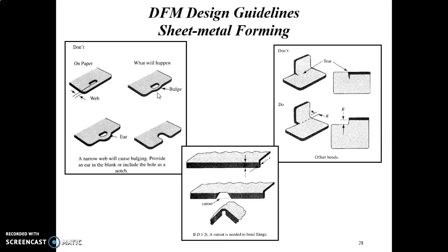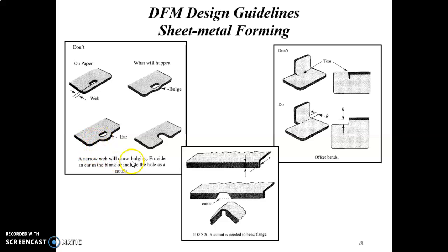The bulge condition will increase progressively as the web decreases until there is a complete breakthrough. However, the bulge is hardly visible until the web is reduced to less than half of the thickness. You can see this figure.